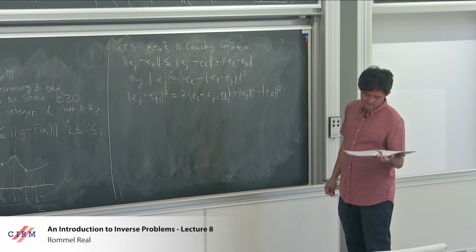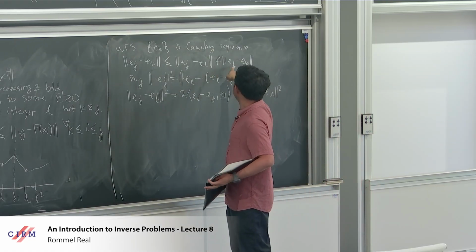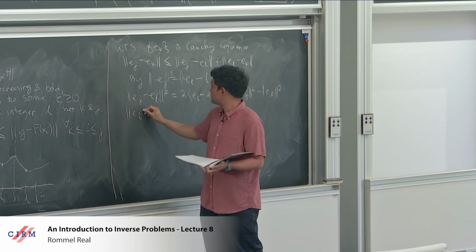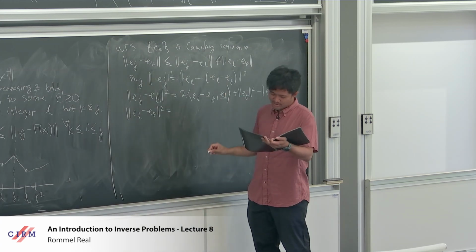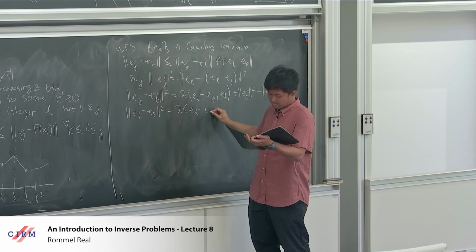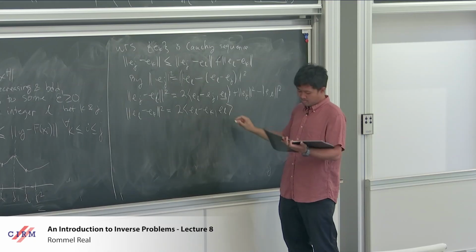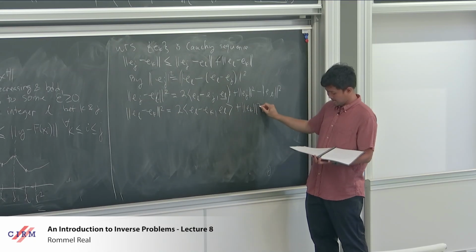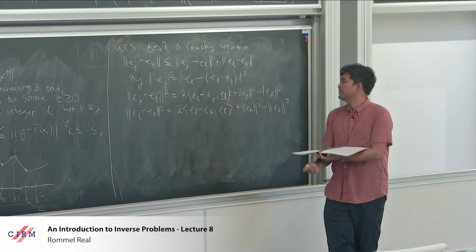Also, in a similar way, this is related to this one. For this one, by a similar technique, we can also show that the norm of E sub L minus E sub k squared is equal to this one: the inner product of E sub k and E sub L, plus norm of E sub k squared minus norm of E sub L squared.